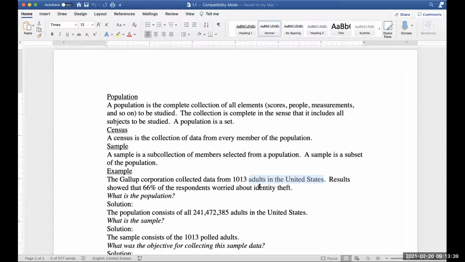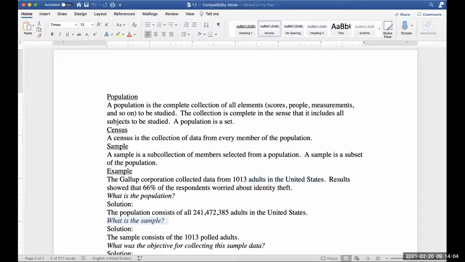So what is the population? Adults in the United States. So here it says the population consists of all 241,472,385 adults in the United States. So it's all adults in the United States. That is the population.